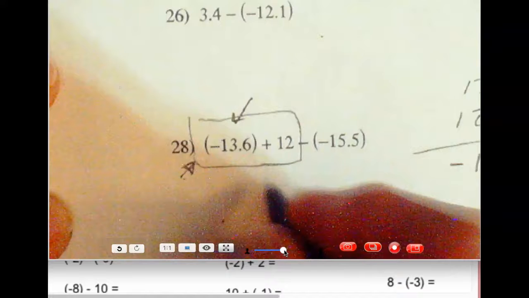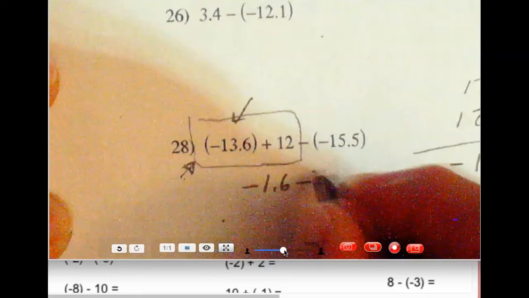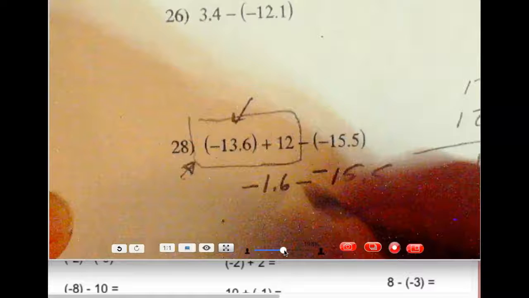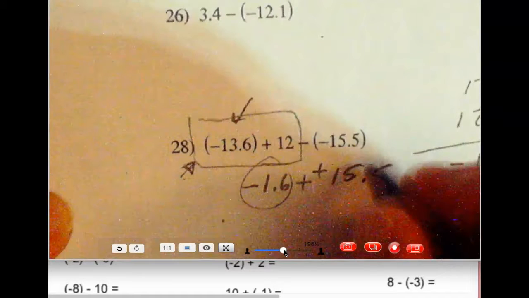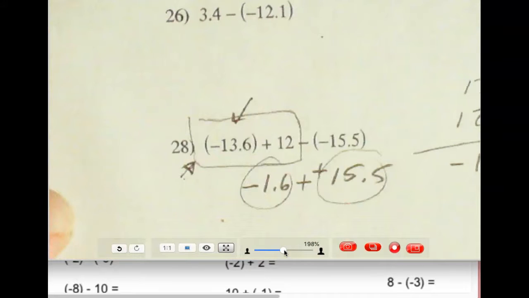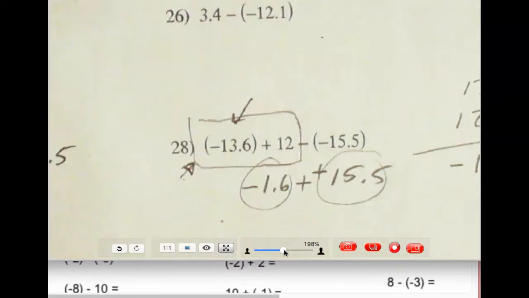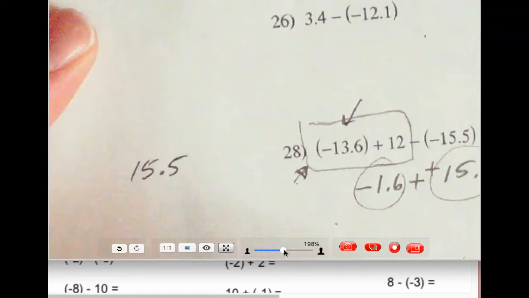So let me write out now what I have. I have a negative 1.6 minus a negative 15.5. Well, this is a double shot. So now what I'm really looking at is a positive and negative number, so that means different signs. So I have to find the difference here. So let me just go over here on the side and do this. Put the big number on top, so we have 15.5, and we are going to subtract 1.6.